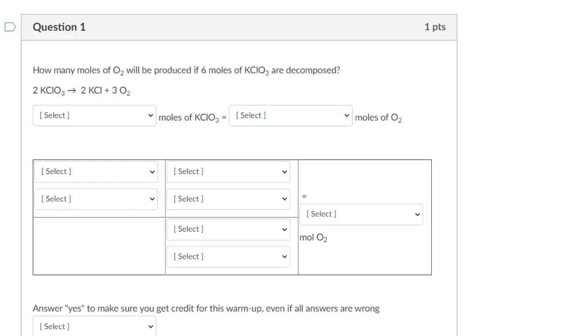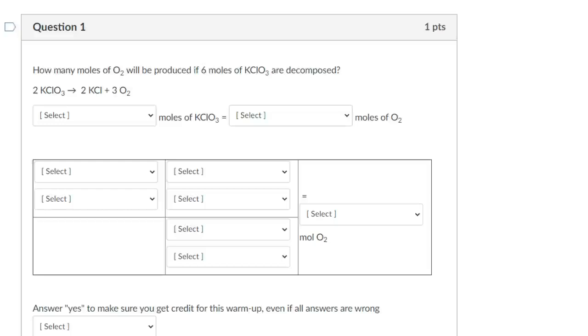I asked you how many moles of O2 will be produced if 6 moles of KClO3 are decomposed. Underneath the question, I've given you the balanced equation: 2 KClO3 will yield 2 KCl and 3 O2.